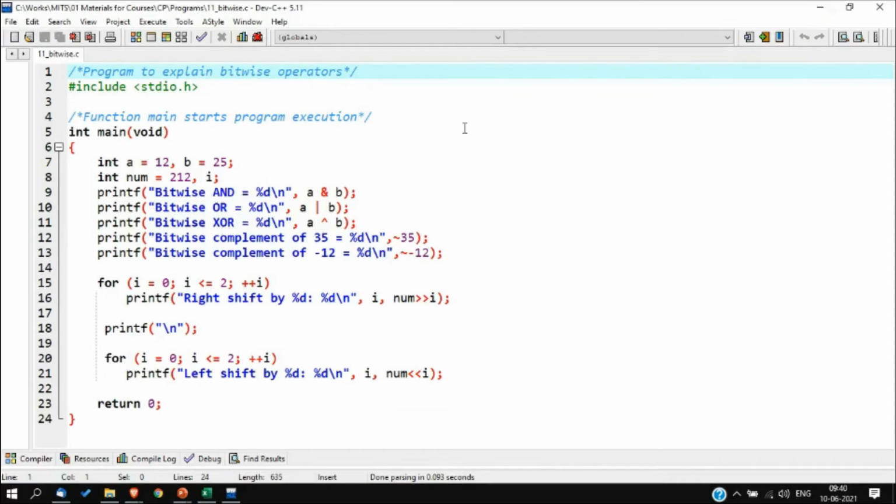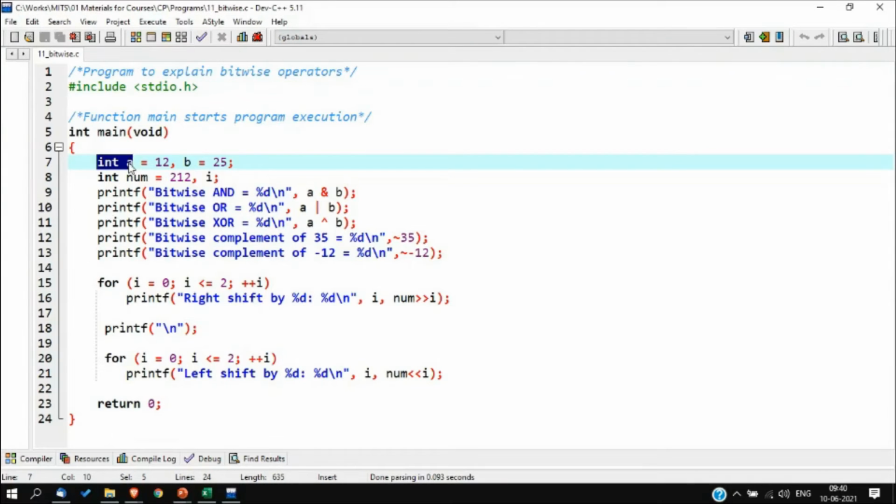Here is a program to explain the bitwise operators. We have defined 4 integers: integer A is 12 and B is 25. Then another integer num is 212, and I is also defined.